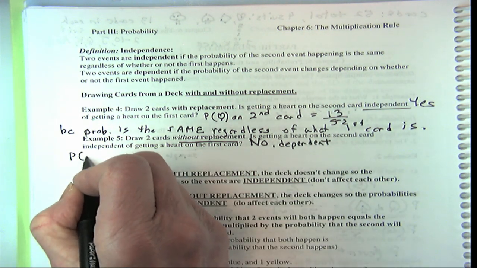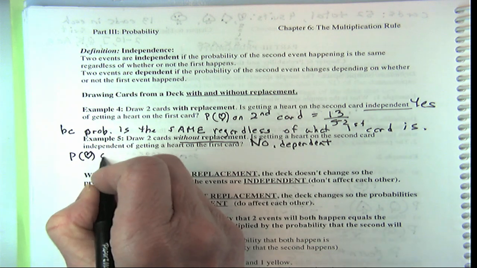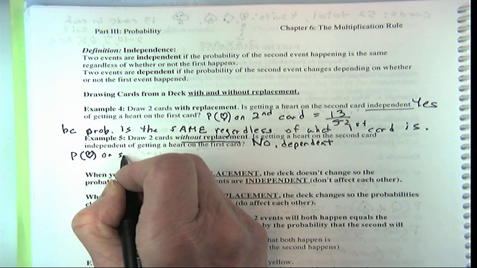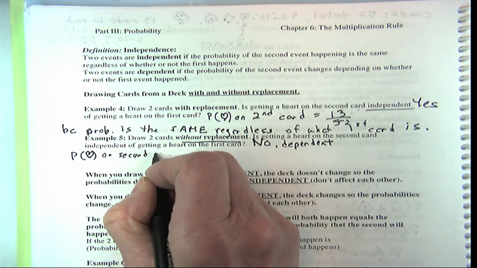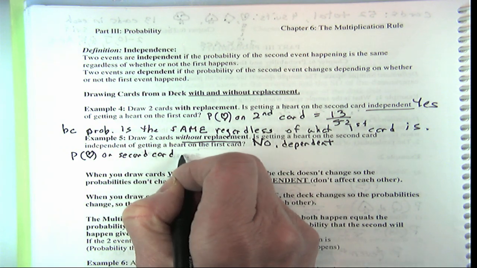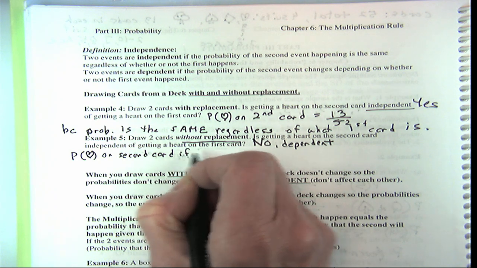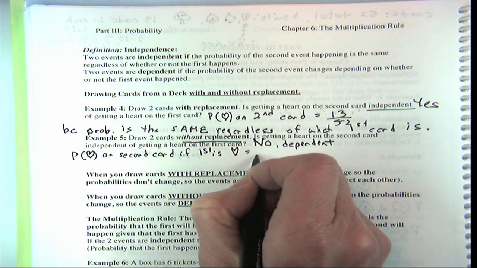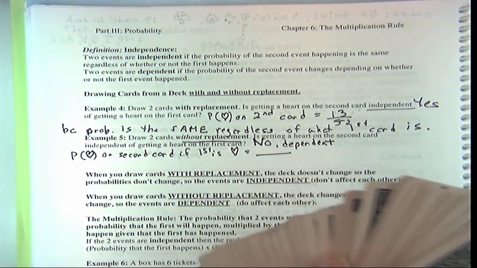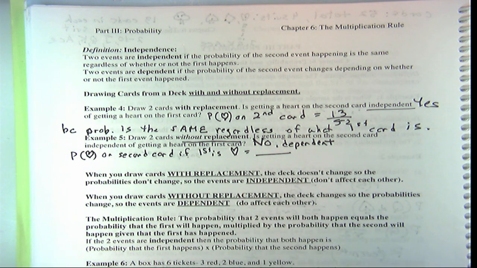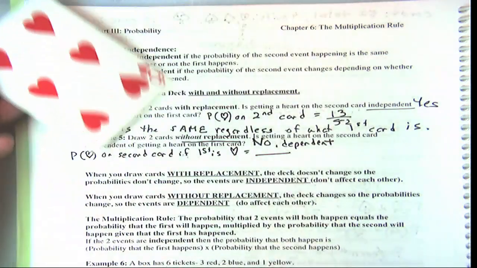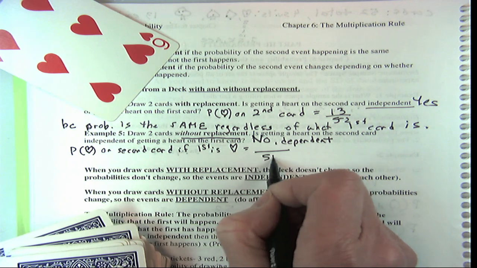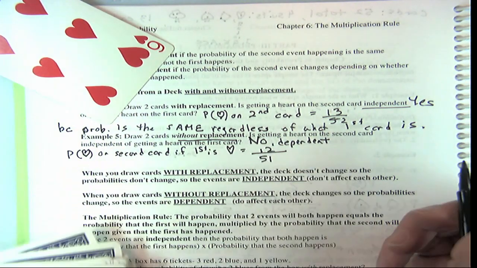The probability of a heart on the second card if the first is a heart is what? Okay, so if the first was a heart, let's pull out a heart. Let's say we got a heart, and we don't put it back in the deck. Now there's only 51 cards, and there's only 12 hearts left.